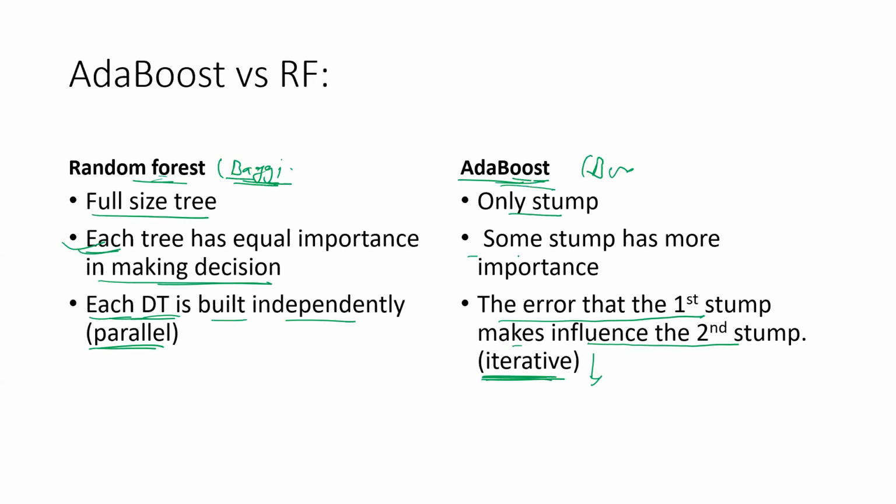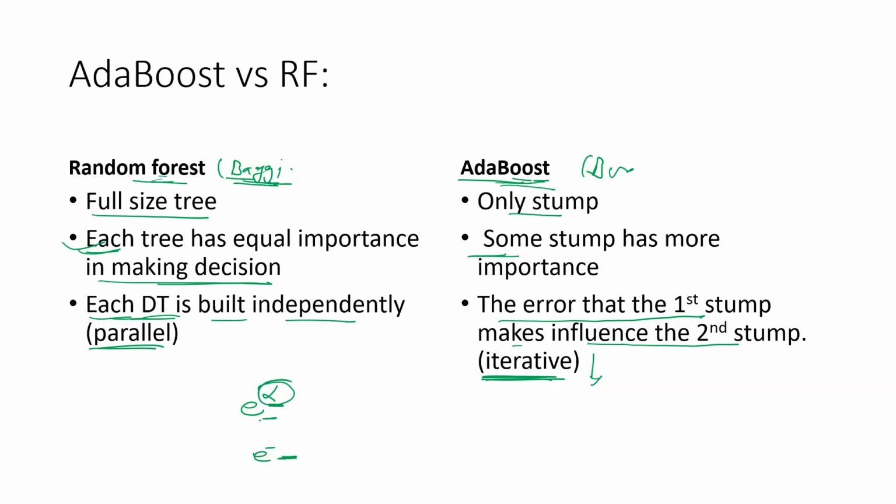But in the case of AdaBoost, we are giving more importance to those systems which have higher performance. Remember, we are weighting by e to the power alpha or minus alpha. So if alpha is higher, we are giving more importance to that system, and if alpha is less, we are giving less importance to that system in making predictions, right?